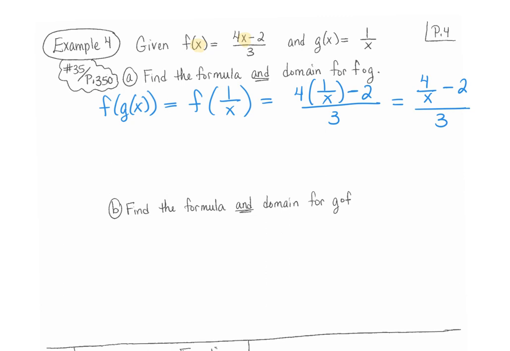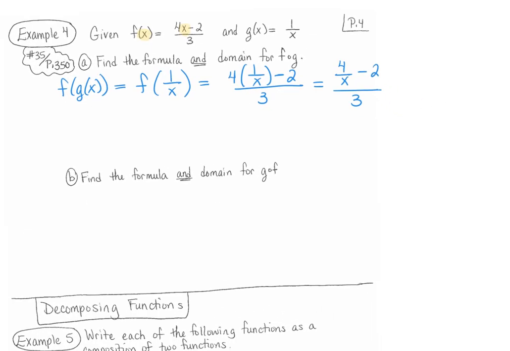And you may want to eliminate this rational expression here, 4 over x. The way we do that is we multiply this entire function by 1 in the form of x over x. So we're going to have (4 over x minus 2) over 3, and we're going to multiply that by x over x.